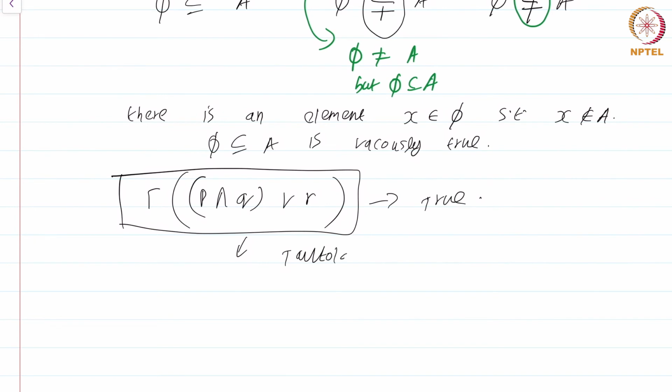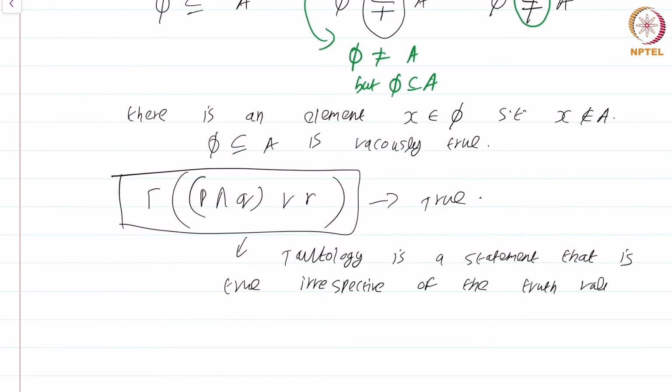A tautology is a statement that is true irrespective of the truth values of the individual constituents. So, how do you show that something is a tautology?